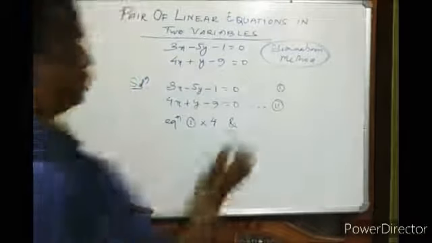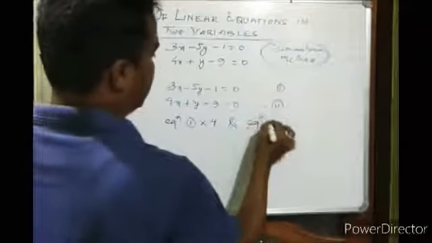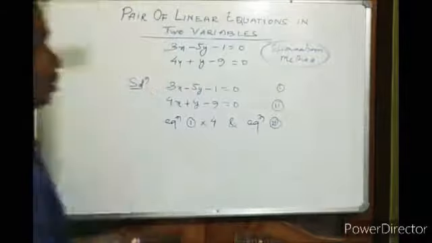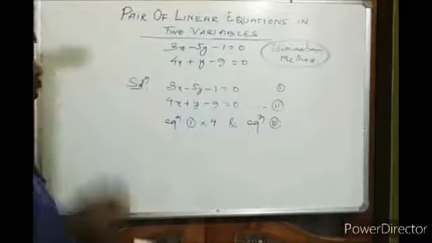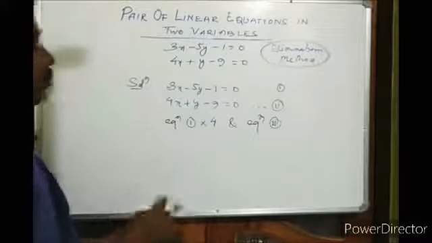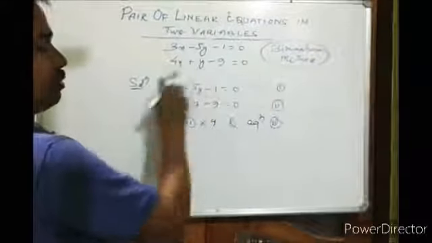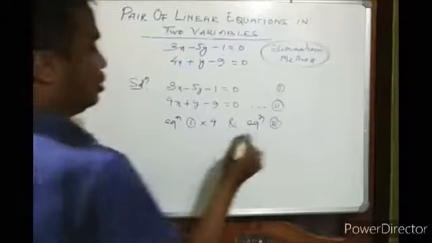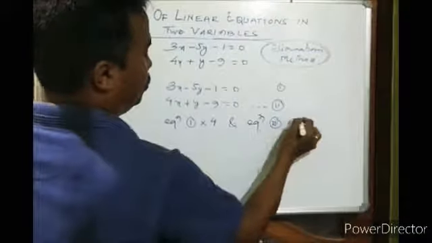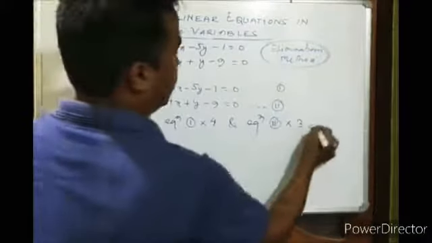And equation 2, vice versa: I will multiply it by the coefficient of x from the first equation, that is 3. So equation 1 into 4 and equation 2 into 3.